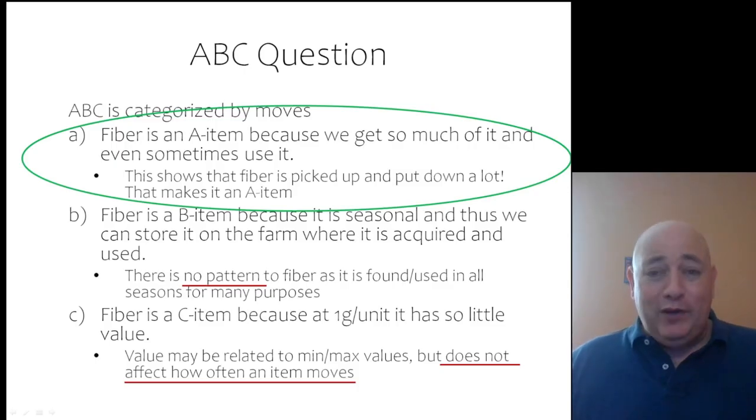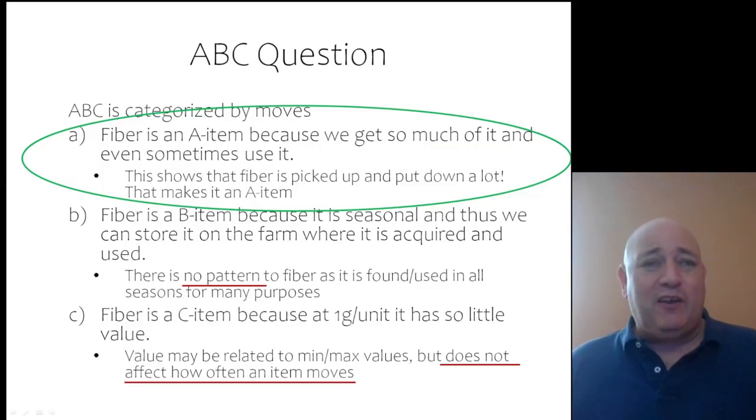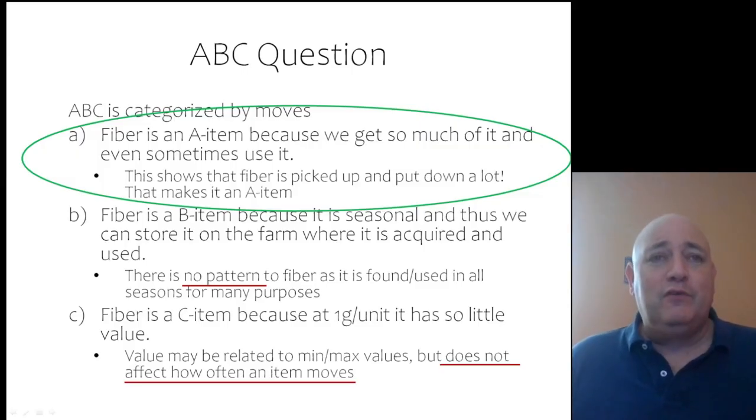All of that really lends itself to a category of B, that we understand the pattern, and we are going to have a specific, not a general place for it, and manage that on an ABC level.